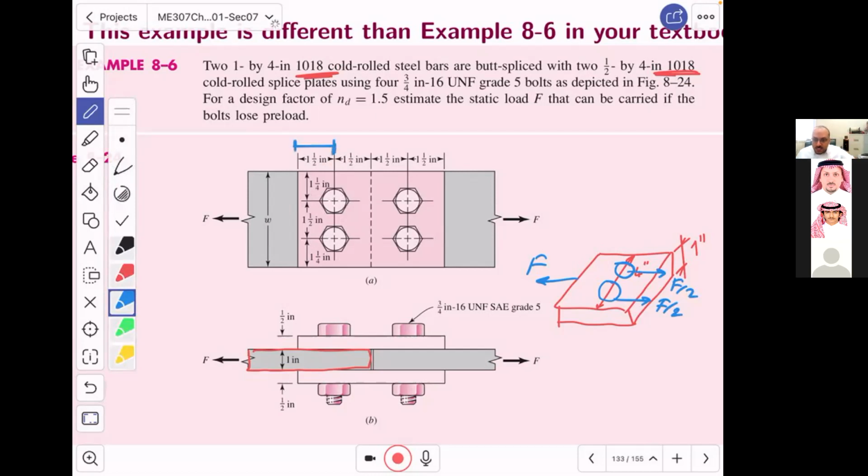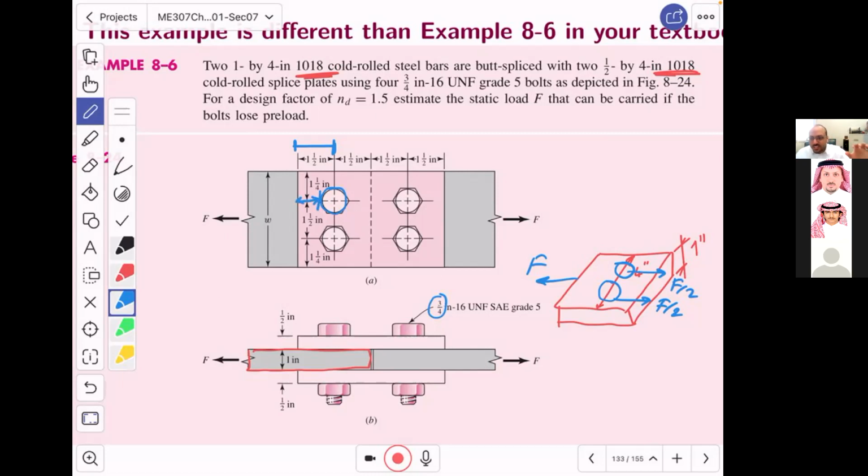It is 1.5 inch, 1.5 inch, and the diameter of the bolt is how much? Is 0.75, right? Is that true? It is 0.75. So why I'm asking you to do this? Because in one of the solutions that we are going to do, we will need to know what is this distance.